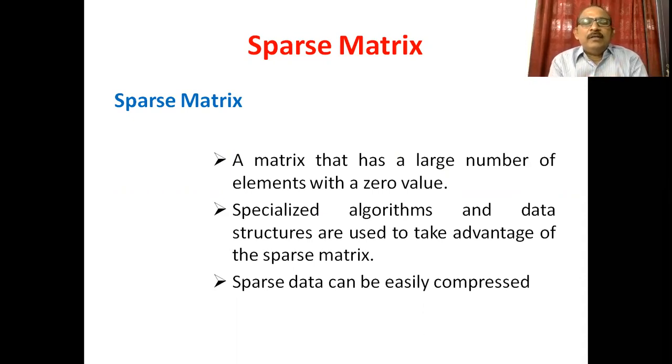If you apply operations on a sparse matrix using standard matrix structure and algorithms, the execution speed of the algorithm will be slowed down and the sparse matrix will consume a lot of memory space. Further, sparse data can be easily compressed.